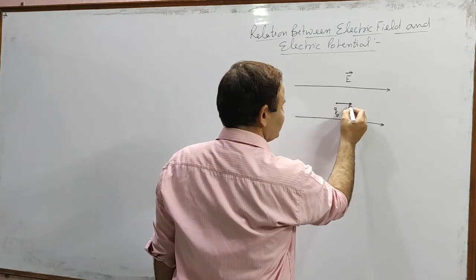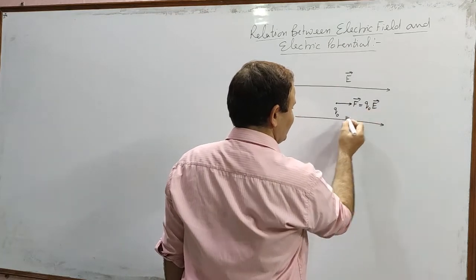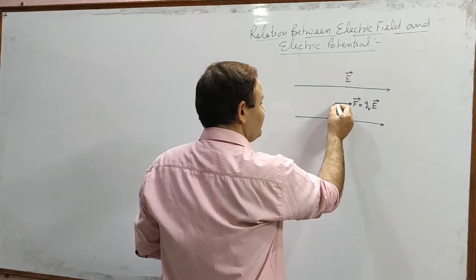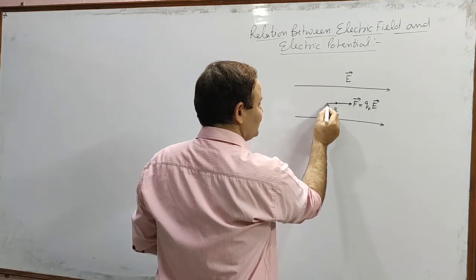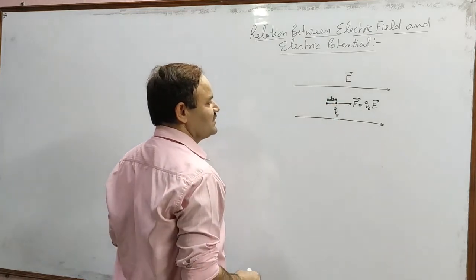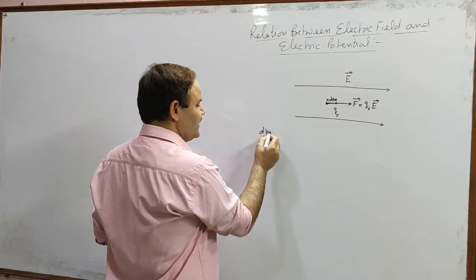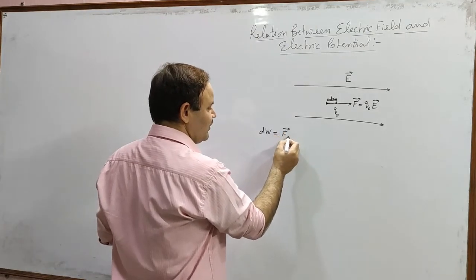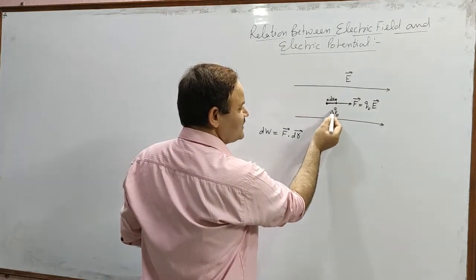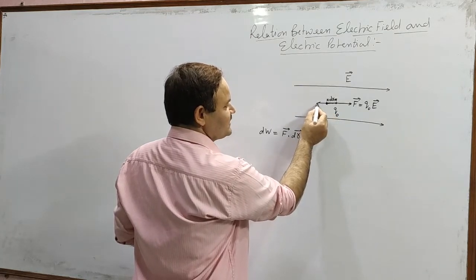This electric field will exert a force F equal to Q naught E on this test charge in its own direction, and if we are displacing the charge Q naught through a distance dr against this force, then the work done on Q naught dW will be F dot dr. Dr will be the displacement vector of charge Q naught, and its direction will be from initial position to final position, that is this way.